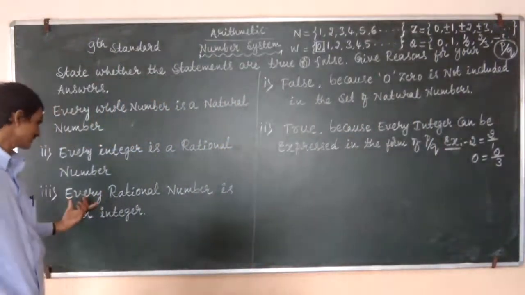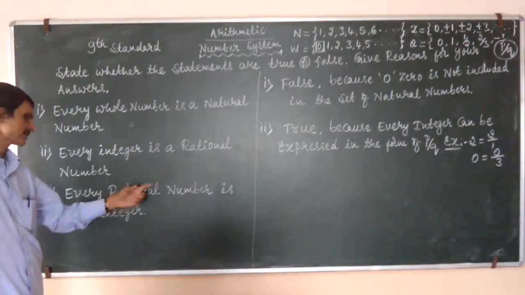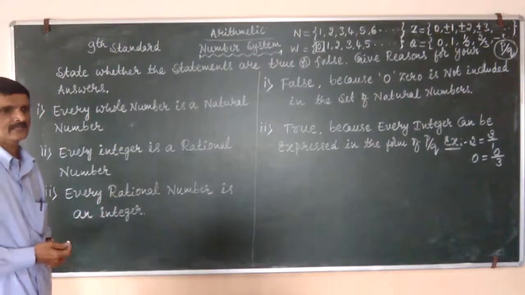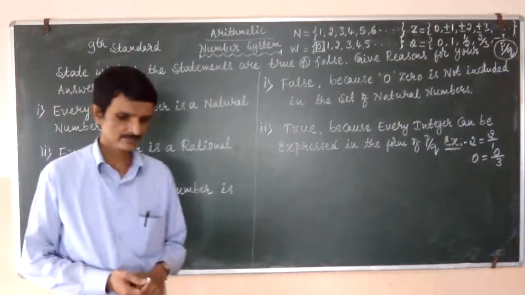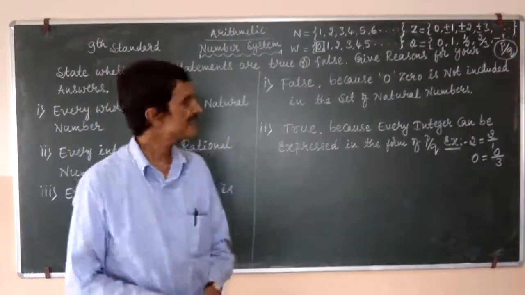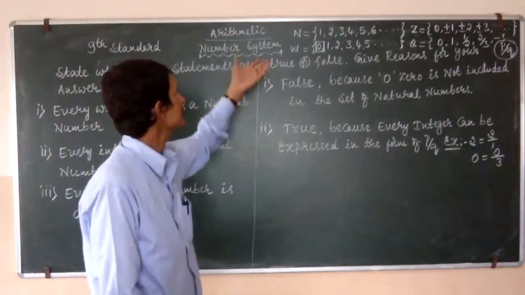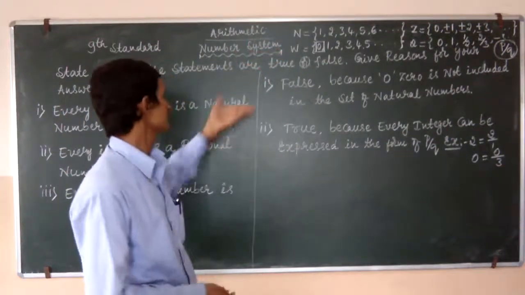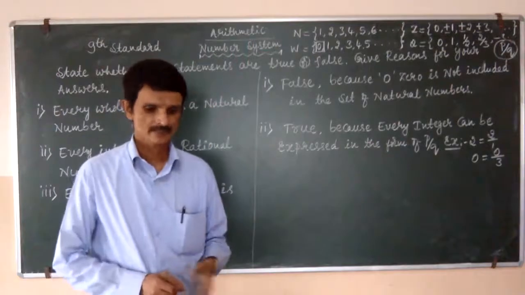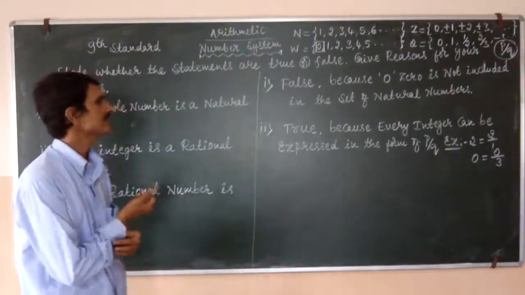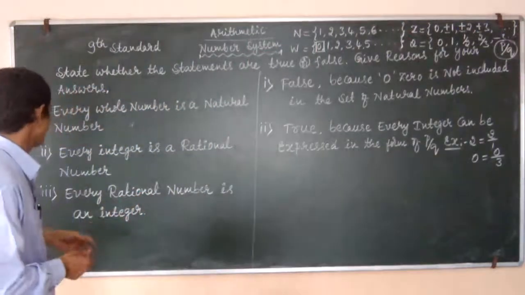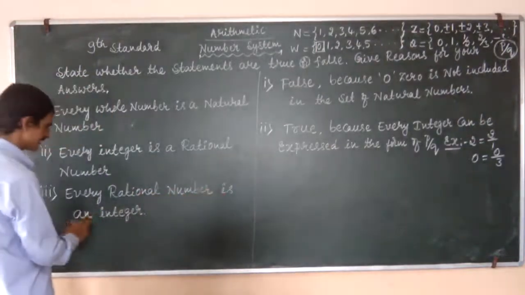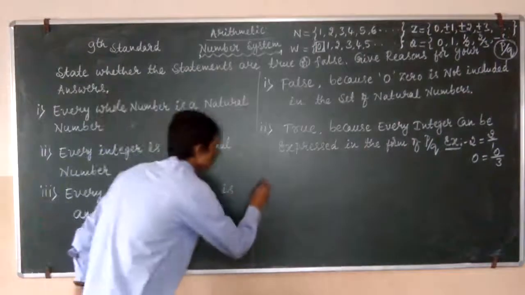Coming to the third statement: every rational number is an integer. Students, once again observe both the set of rational numbers and the integers.